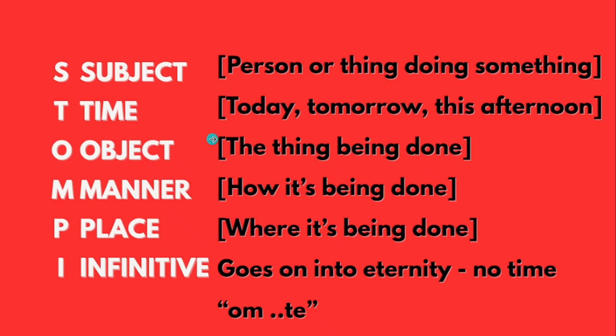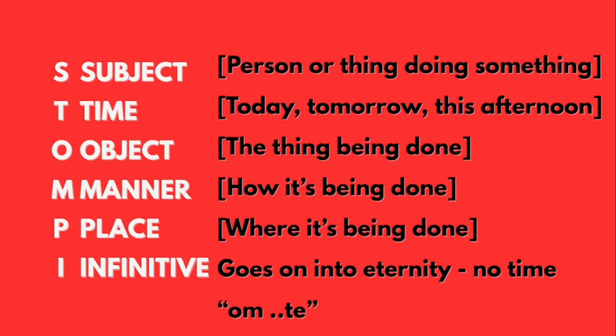Okay. Then manner, how it's being done, like is it hard, is it soft, is it lazily, is it in a fun way. Basically it describes how something's being done. Place, where is it being done?